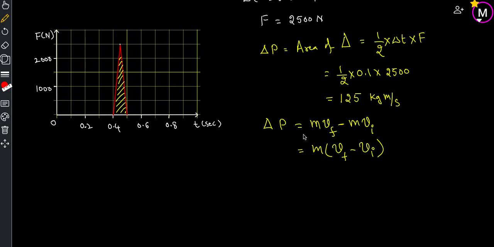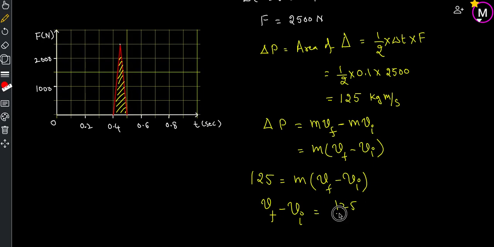So we can write the equation first. Either you can calculate the value first and do the problem, or you can write it as: 125 equals m times Vf minus Vi, or Vf minus Vi equals 125 over mass.